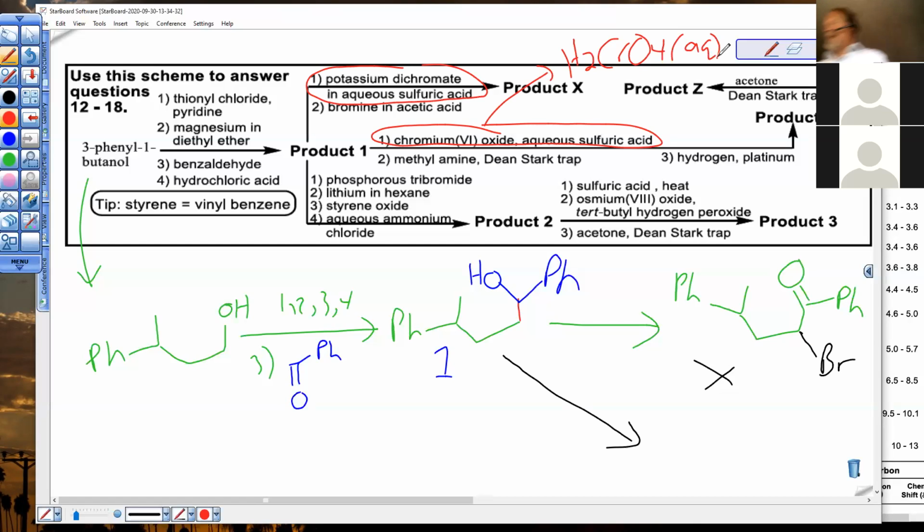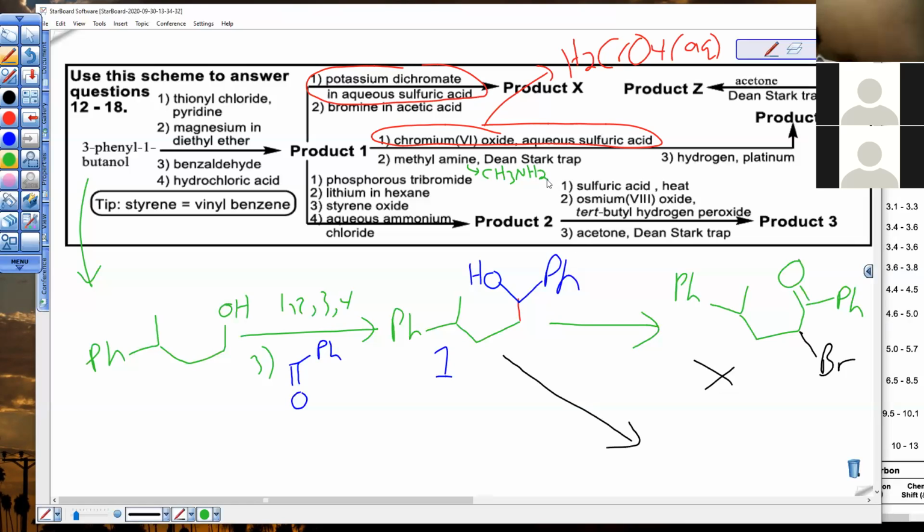That's chromic acid. So you're going to oxidize to the same ketone we have here, except this time we're going to use a primary amine. Methylamine is exactly what it says. And there's a Dean Stark trap there to remind you. Methylamine is CH3NH2.